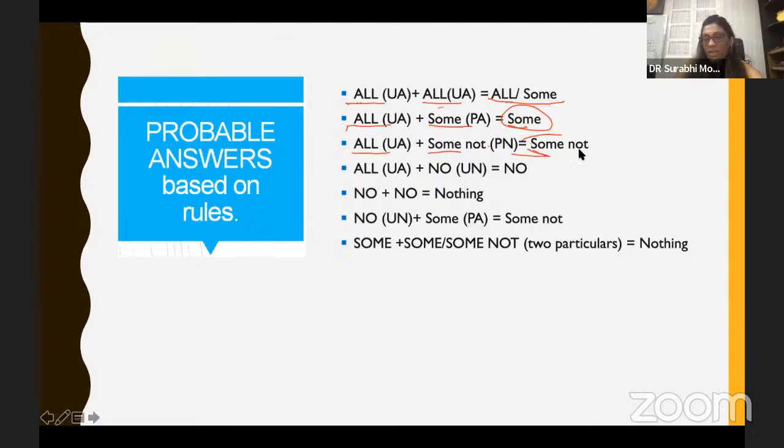This answer will always be some not. We can combine an all with a no. This answer will always be no. Why? Because when you combine affirmative with negative, you always get negative answers. So either your answer will be a no or a some not.